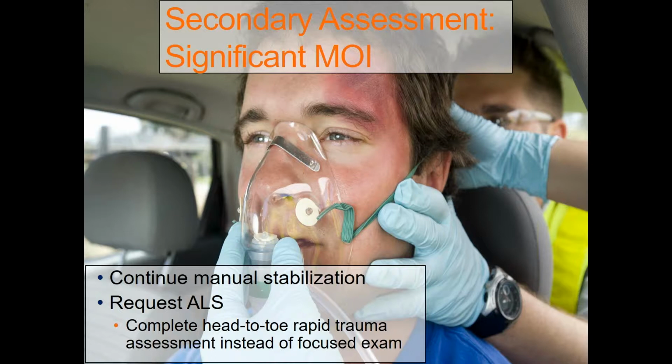With our significant mechanism of injury trauma patient, things change a little bit. Significant mechanism of injury says to me that I expect way more than just isolated injury. I expect that my patient can have injuries that pop up absolutely anywhere throughout their person.